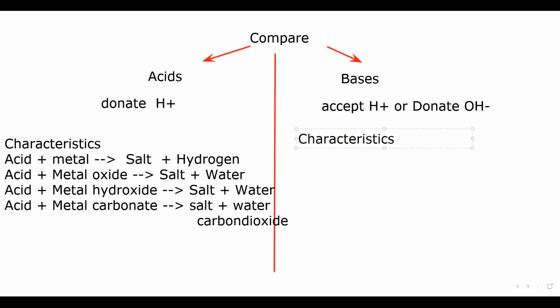So the characteristics of the base: whenever a base reacts with acid, if acid reacts with base or base reacts with acid, this will result in a formation of salt plus water.